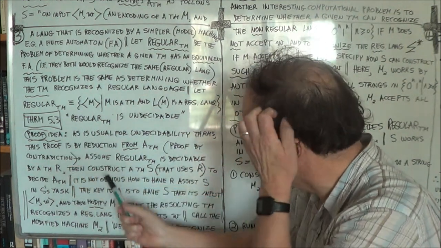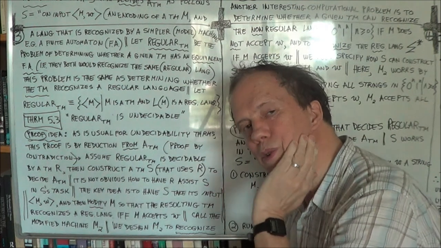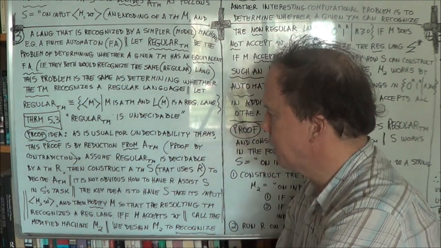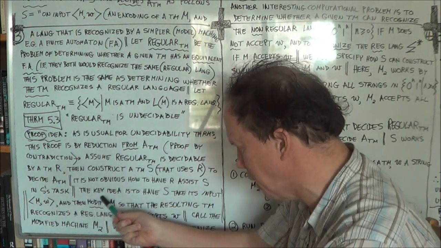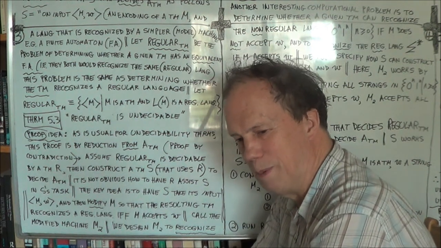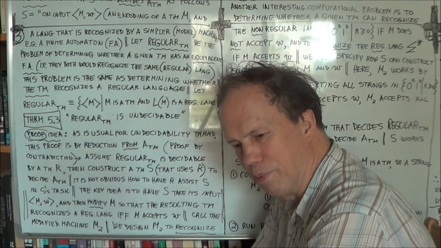Now, proof idea. Initially the strategy is much the same as we've done before, so it'll be quite familiar and I can go through this fairly readily. It's when we come to the key idea that I think you'll start having problems. So I throw it out not just as a homework problem but more like a brain teaser.